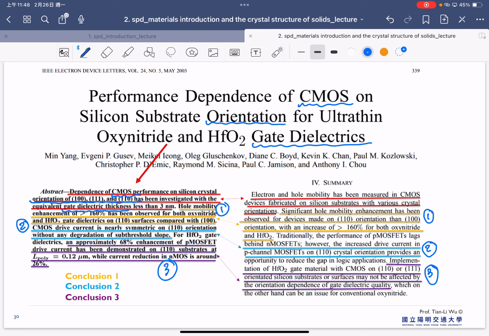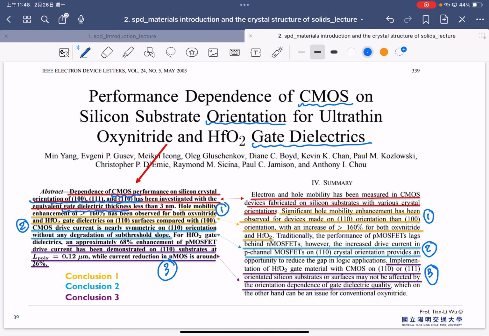And he found out that a certain orientation can improve the performance, and a certain orientation causes performance degradation. That's all. Even though we didn't look at any measurement results yet, we already have a clear understanding of the important message from this literature.